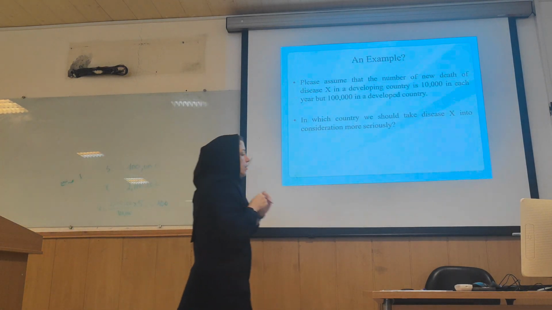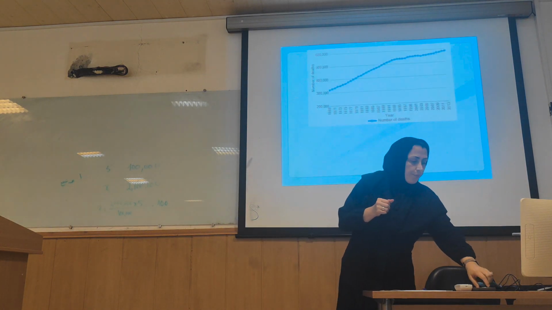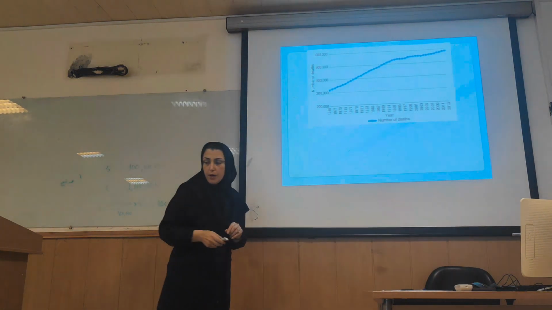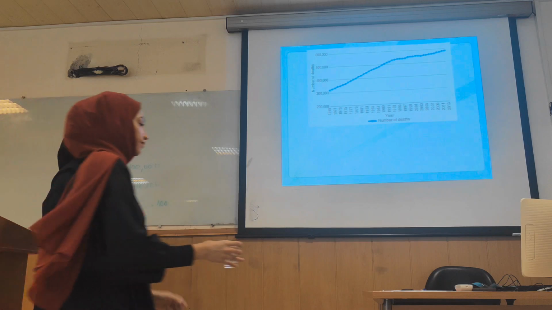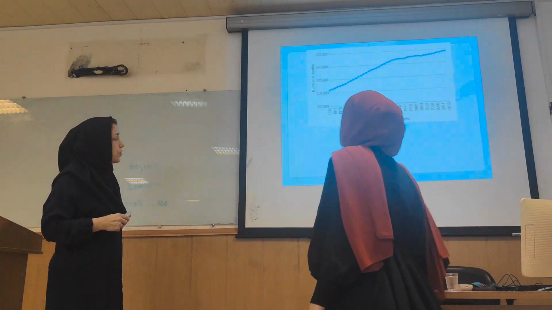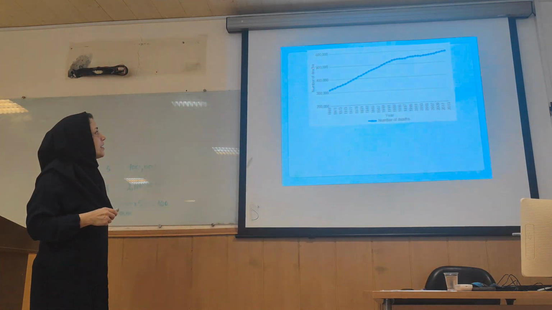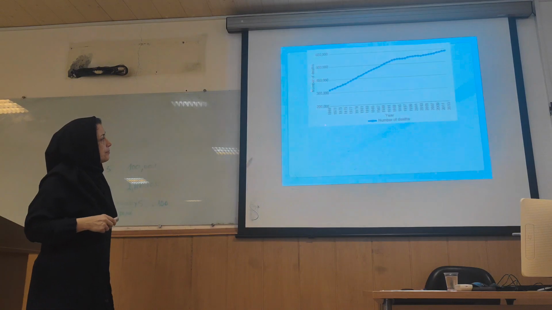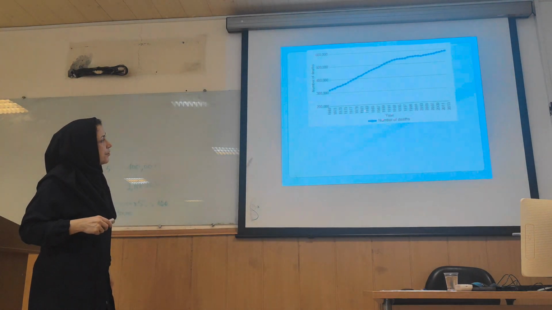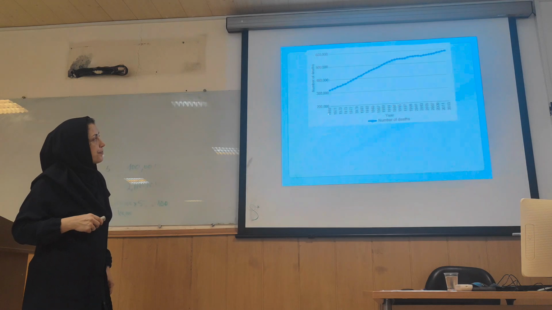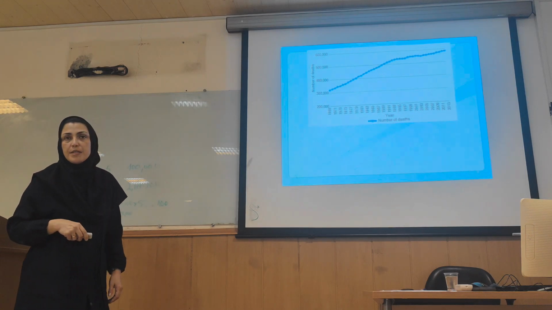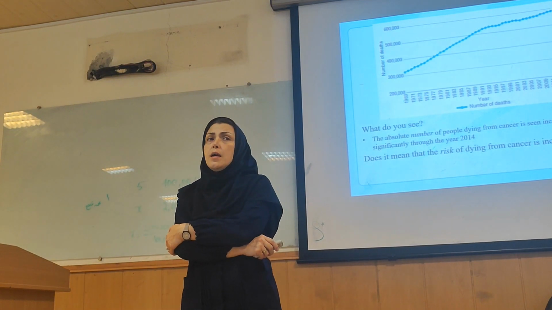Okay? So, this slide shows you the number of deaths, and here you can see the years. You can see that the number of deaths is increasing. It's increasing or not?